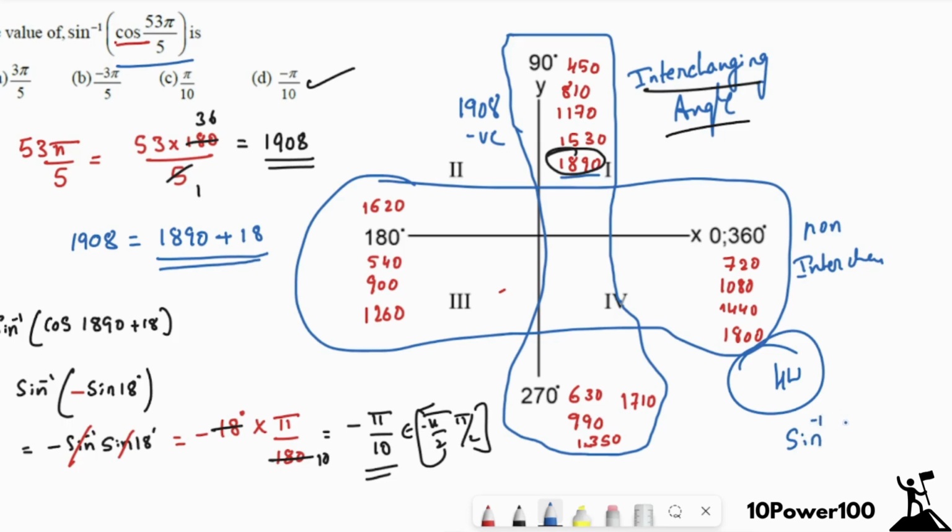Sine inverse of cos 47 pi by 5. The value of sine inverse of cos 47 pi by 5. I want you all to do the same procedure and find the answer and comment your answers in the comment section, children. Thank you.